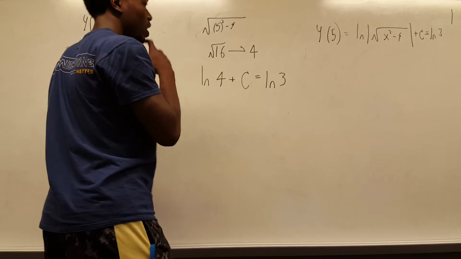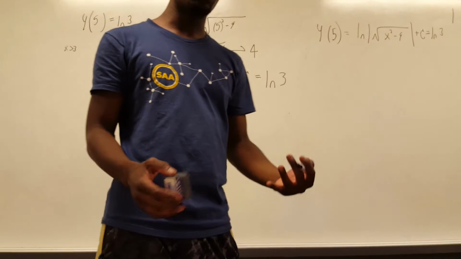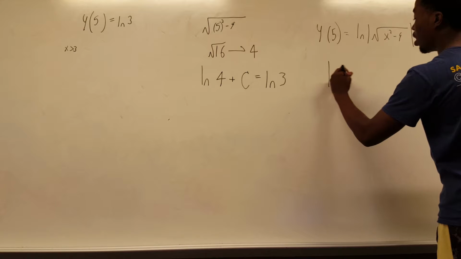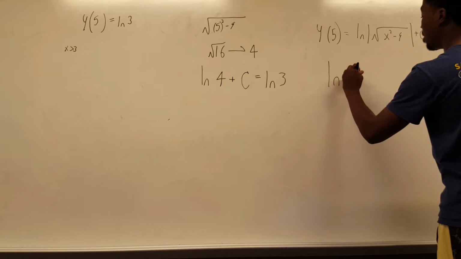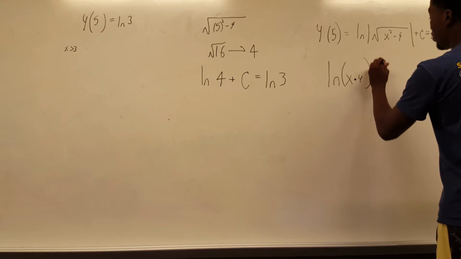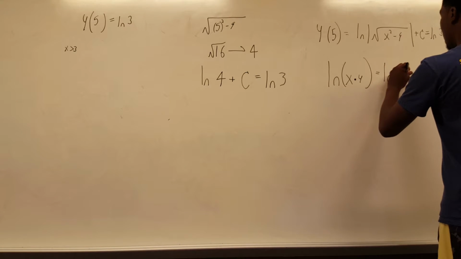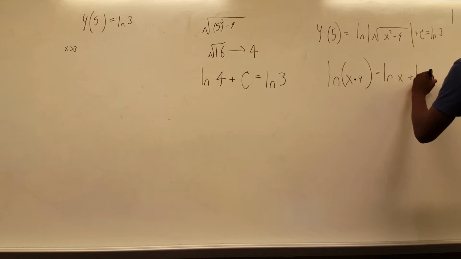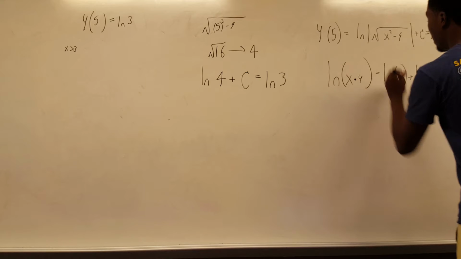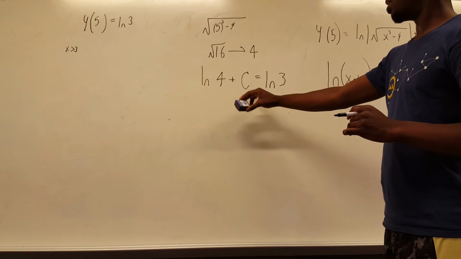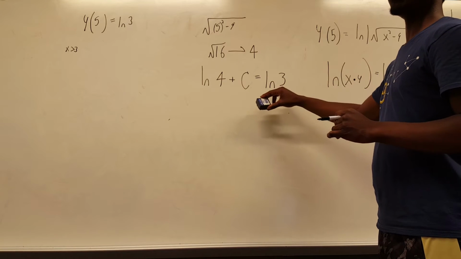Now, if we go back to the properties of natural log, we're going to remember that the natural log of x times y, or a number times a number, is equal to the natural log of the first number plus the natural log of the second number. This is going to come in handy here, because we have the natural log of 4 plus some number equals the natural log of 3.